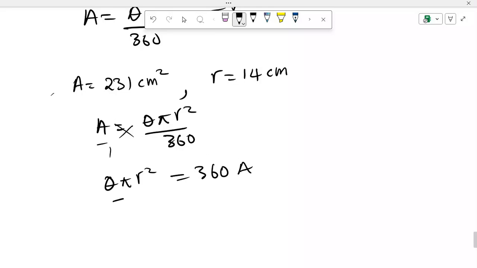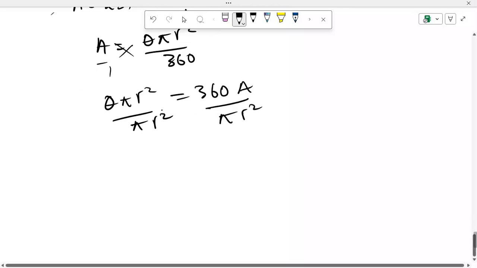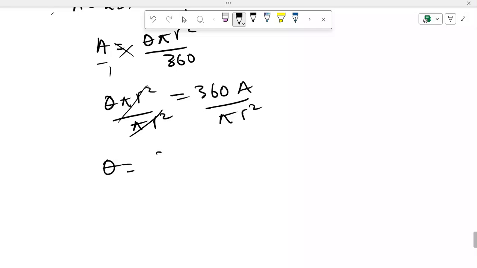We need theta, so we divide by pi r squared, and this cancels out. Theta equals 360 times area over pi r squared.